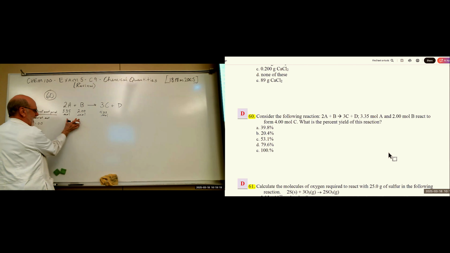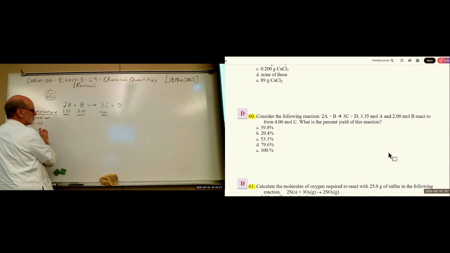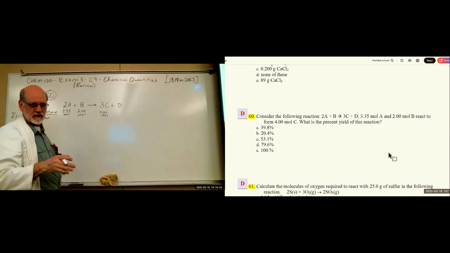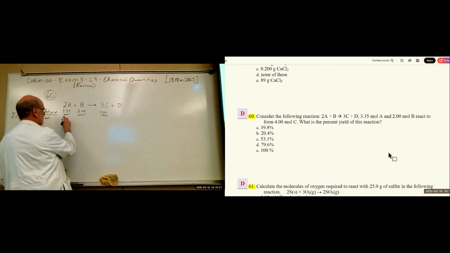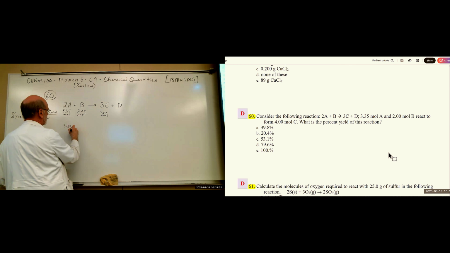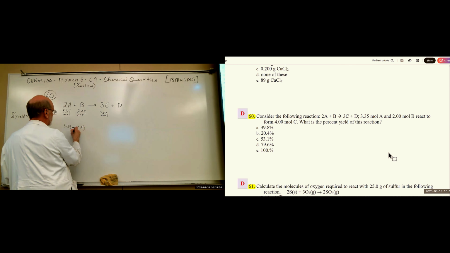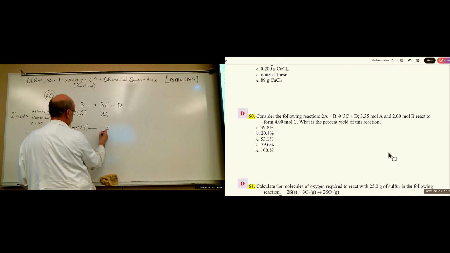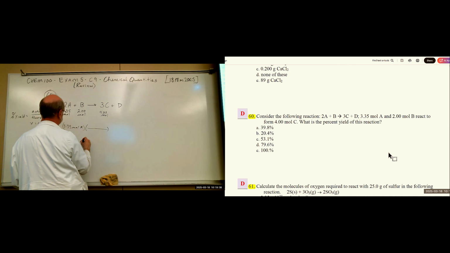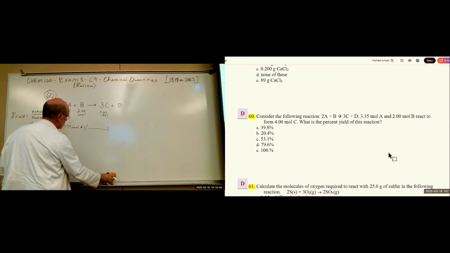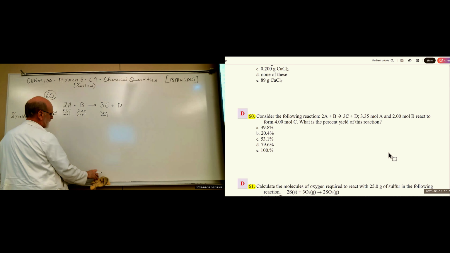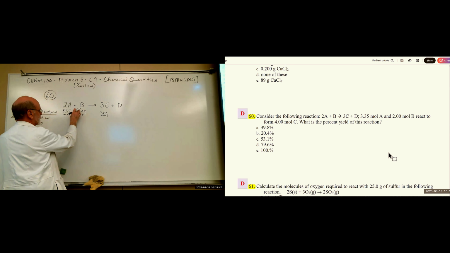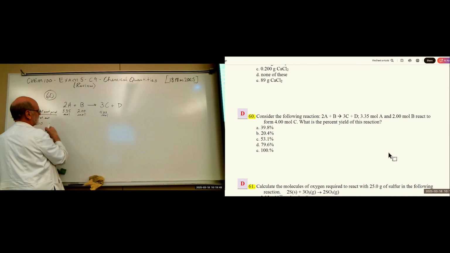Well, we're given absolute amounts for 2 reactants. One of them is going to be limiting. So we have to decide which one is the limiting one. The ratio between A and B is 2 to 1.